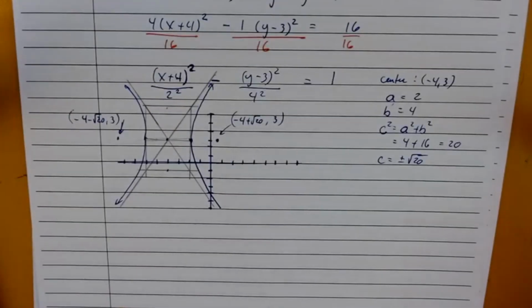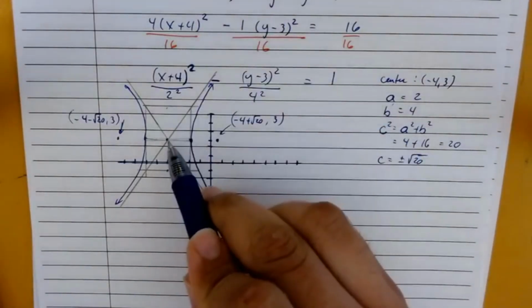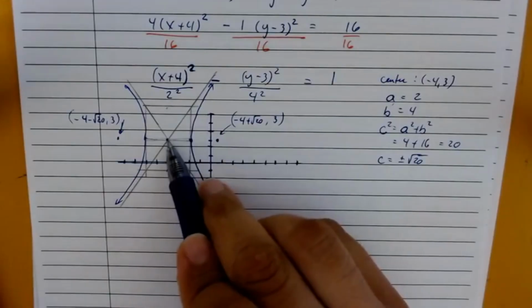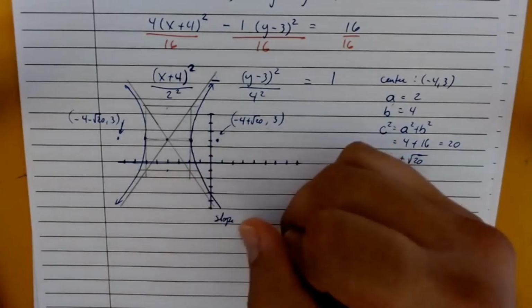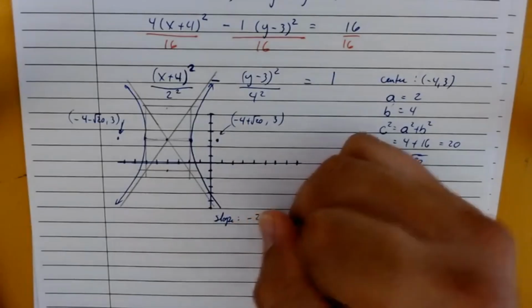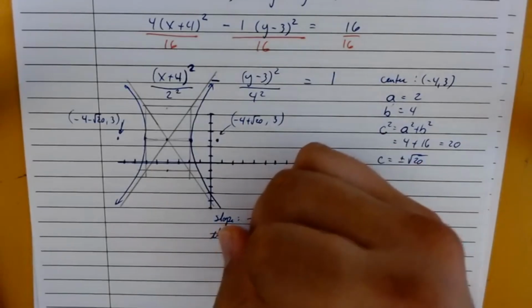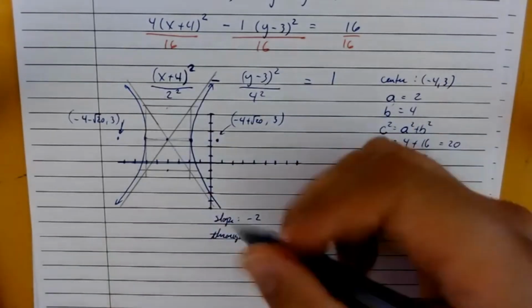Note that we know the slopes of these. This one over here has a slope of, to get from here down to here, we go down 4 units, right by 2. So -4 over 2, that's just -2. And it's going to go through the center point, which is (-4, 3).